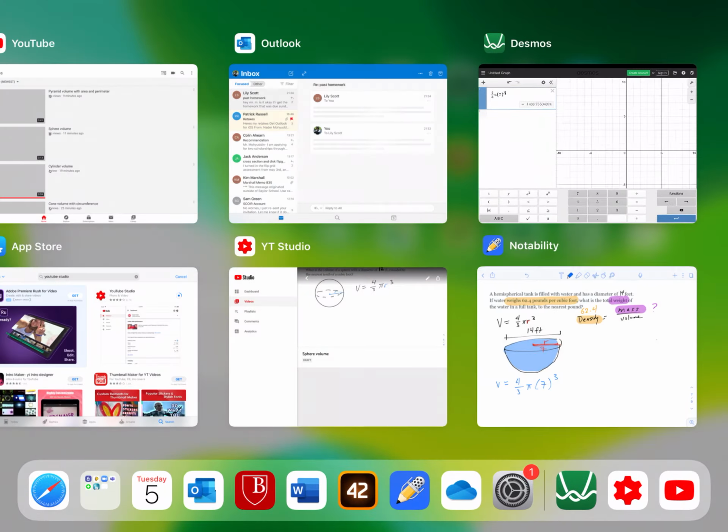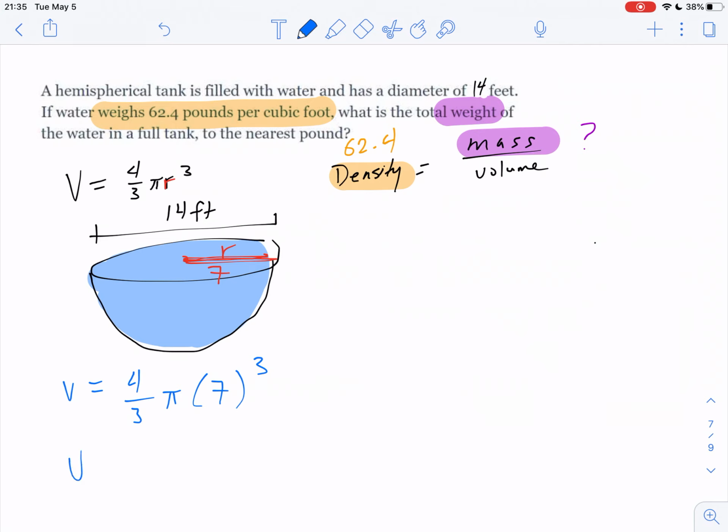So our volume is that number. And that is cubic feet, because it is a volume measurement measured in feet.